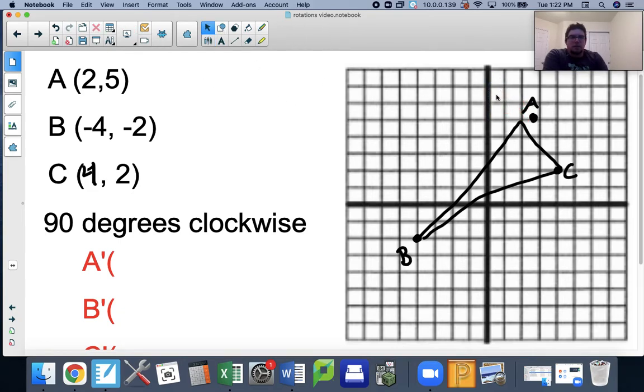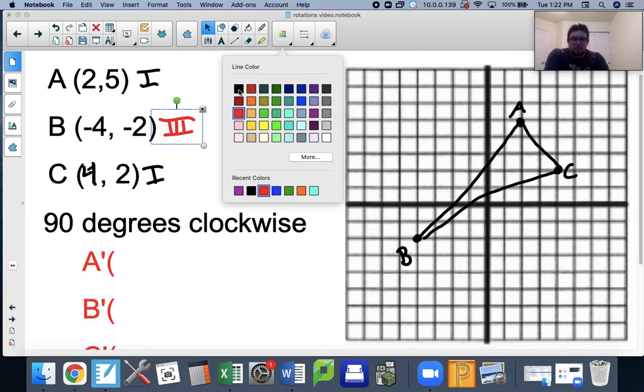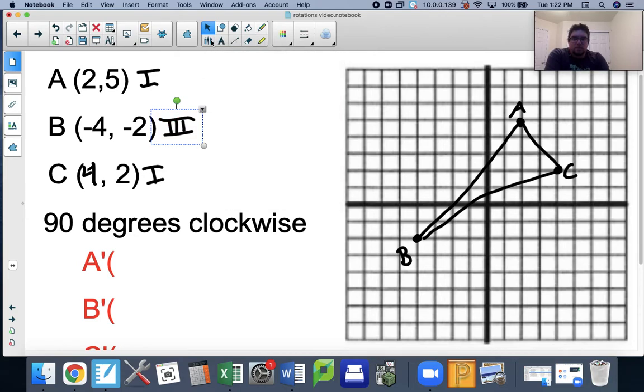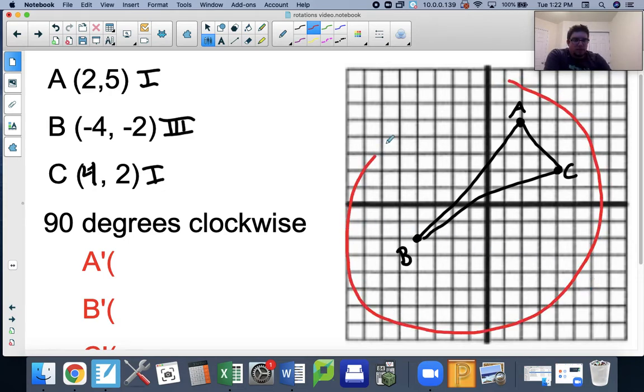It doesn't matter which point we start with. We're going to rotate each point individually. So right now, A is in 1, C is in 1, B is in 3. 90 degrees clockwise has us rotating our points like this.